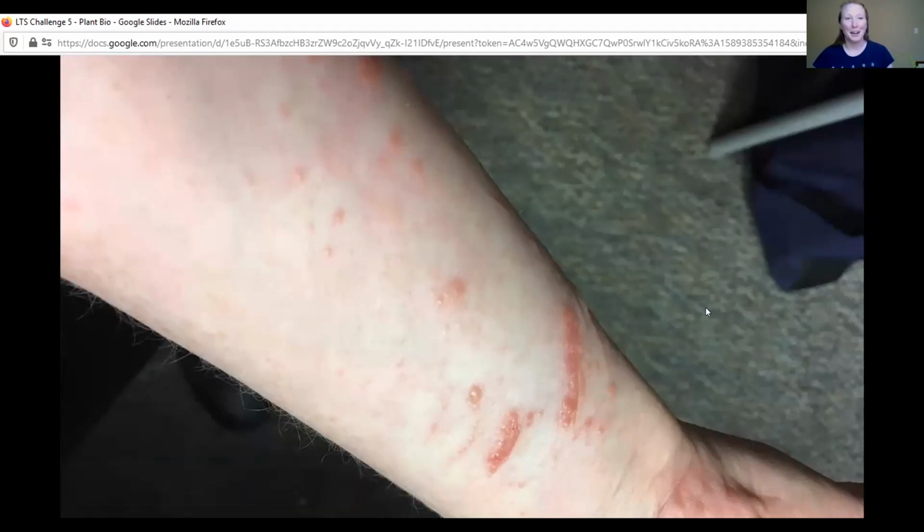So when I worked in ecological restoration after I worked for a number of land trusts, I did a lot of tree planting, and we would sometimes be trying to restore areas that had lots of poison ivy in it, so I had to be super careful.